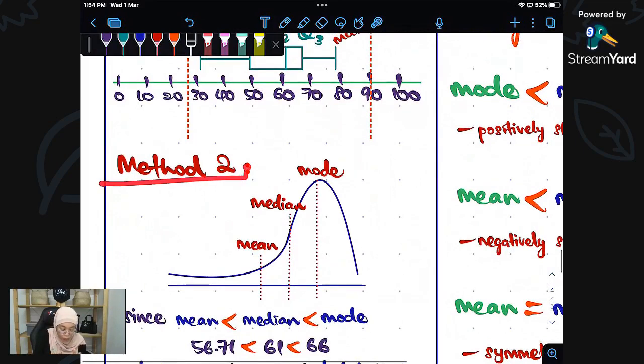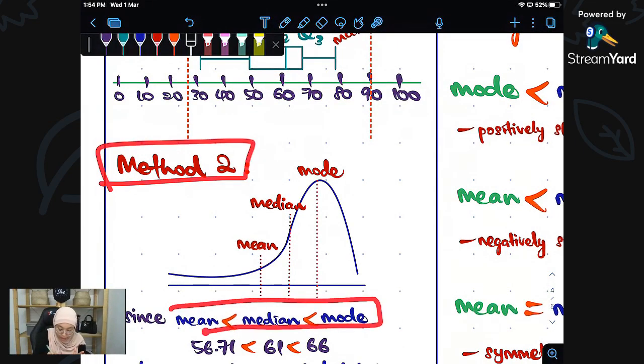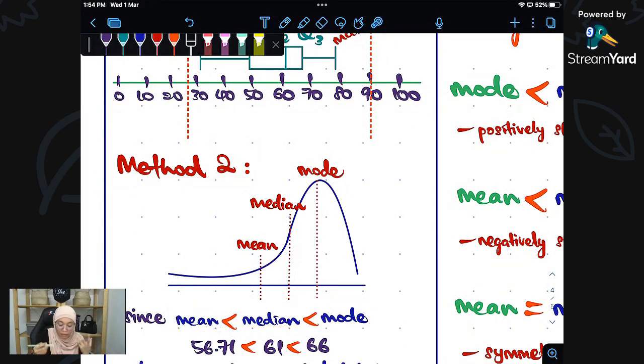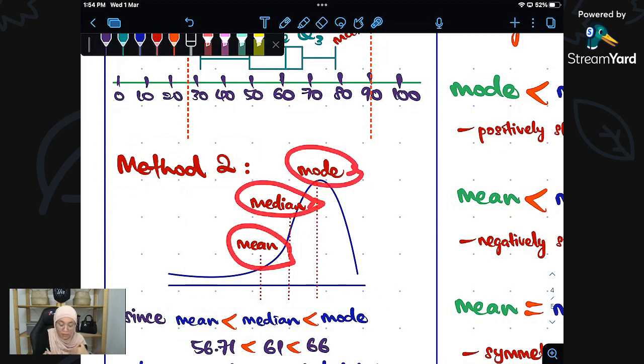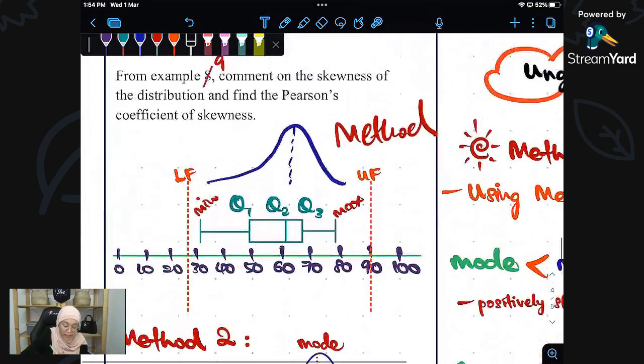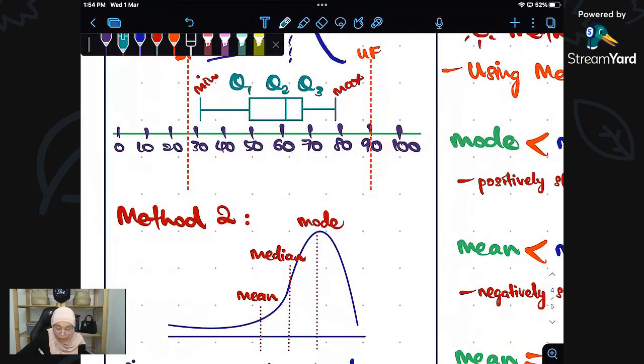Tetapi the method 2 here is just by using the mean, median, mode, is where you keluarkan maklumat mode kamu, keluarkan maklumat median, keluarkan maklumat mean. So from this data, example 9 here, the mode is berapa? The mode, okay, tak apa, pelan-pelan. The median just now is 61. The mean is, what is the mean? Have you found the mean?